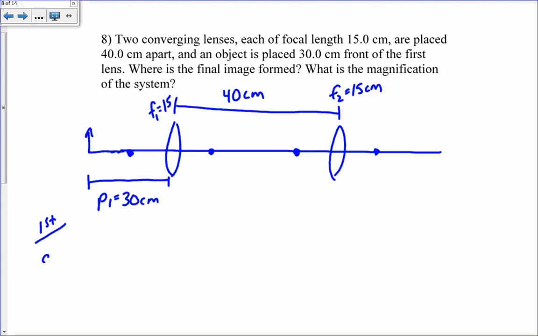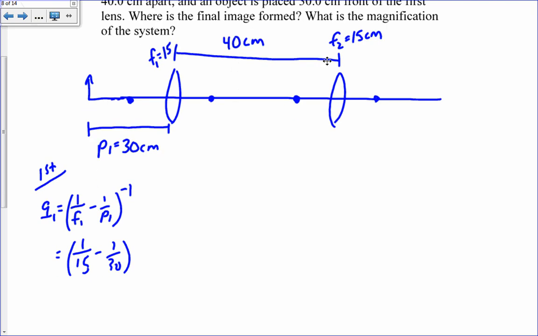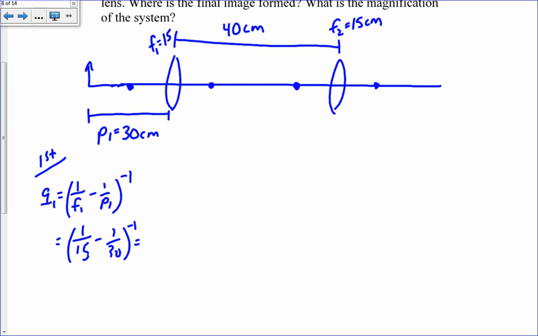I'm going to find q1. So q1 is equal to 30 centimeters. m1, the magnification due to the first lens, is negative q over p. It's equal to negative 30 over 30, which is negative 1.